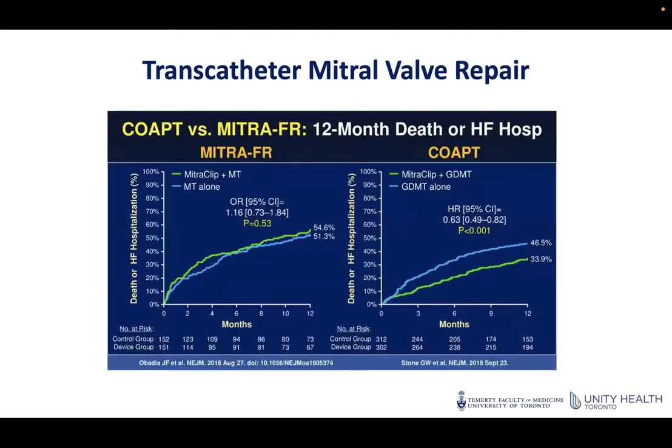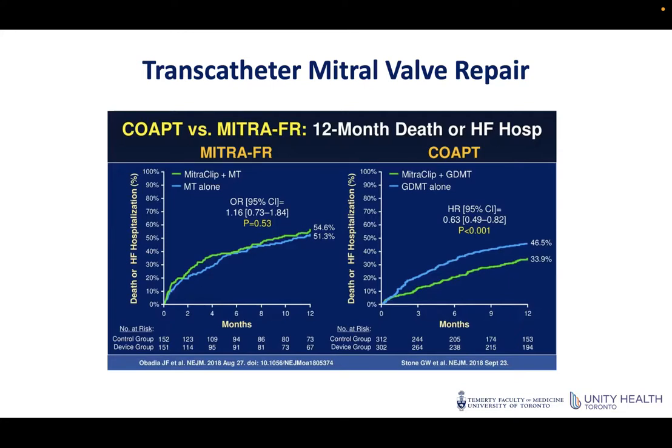The reason for this controversial discussion has been related to the results of the study, since the MITRA-FR study was not showing any advantage of the mitral treatment over the medical therapy, compared to the COAPT trial that was showing a quite striking difference.